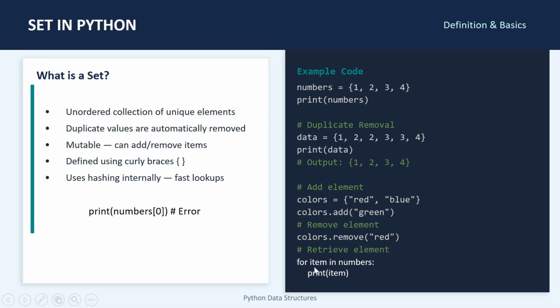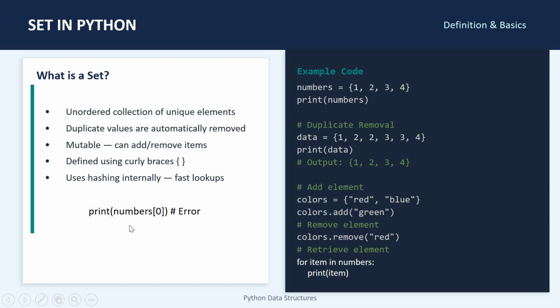So here items will be any variable which will be retrieved from numbers. Numbers is nothing but a set reference. So from there it will take elements one by one and display the element here. And one thing you have to understand: if you want to retrieve an element through the index number in the set, it will be an error because it is unordered.